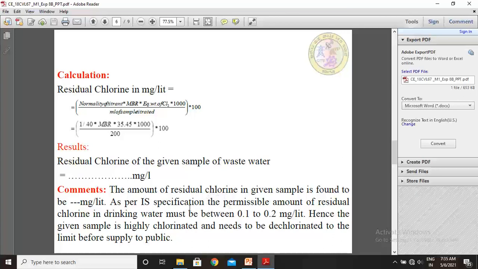As per IS specification, the permissible amount of residual chlorine in drinking water must be between 0.1 to 0.2 milligram per liter. Hence, the given sample is highly chlorinated and needs to be dechlorinated to the limit before supply to the public. So this comment is given based on the value obtained from the experiment.